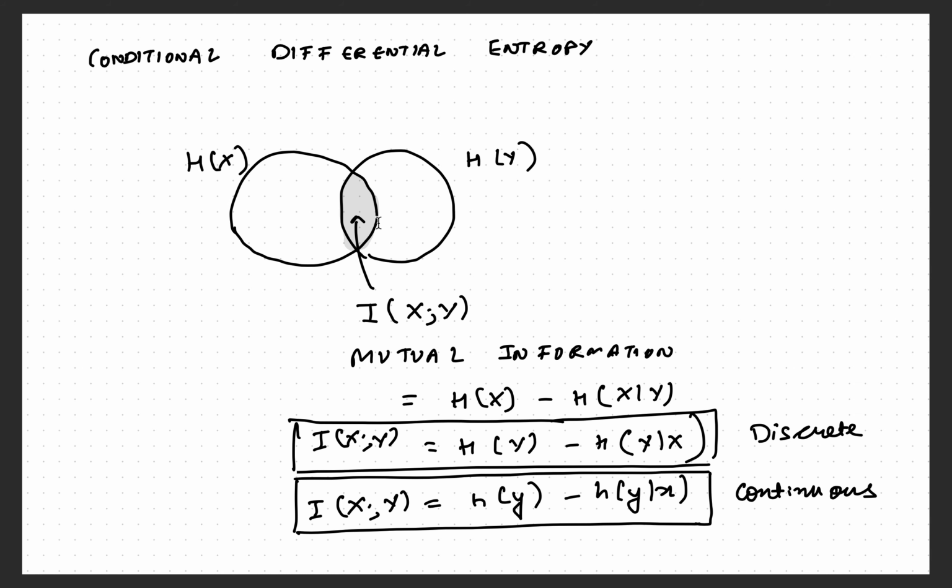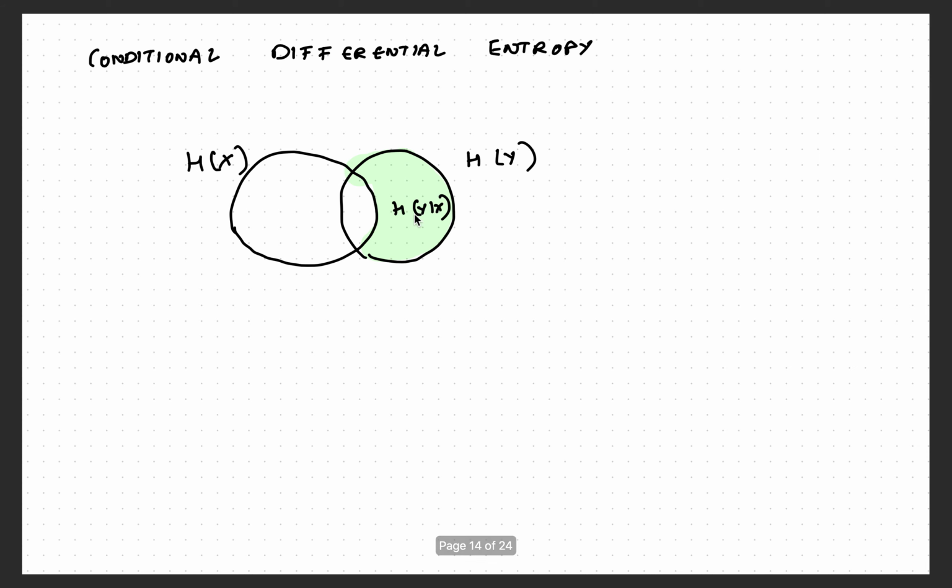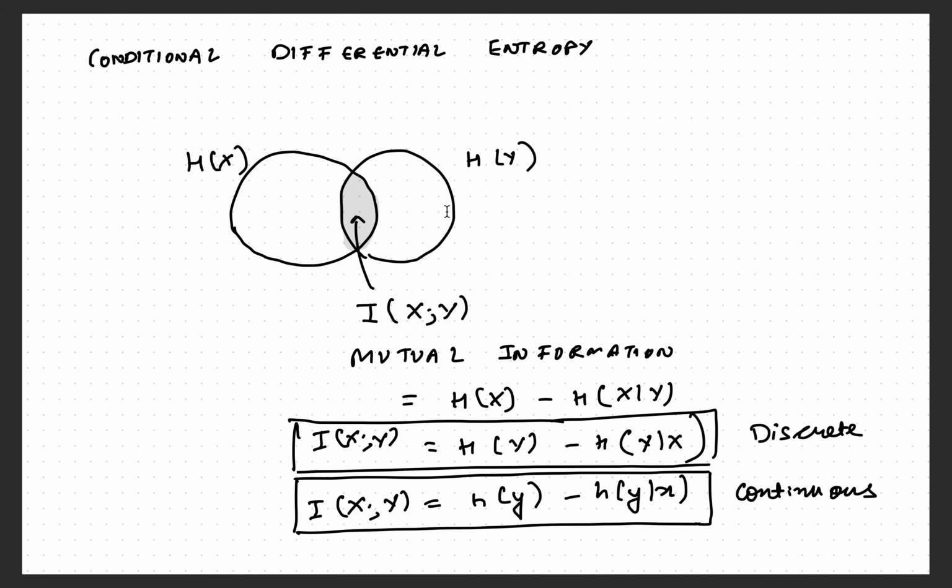You can obtain this gray region by subtracting this green region from the h of y circle region. So thus we can define I of x comma y to be h of y minus h of y given x, or h of x minus h of x given y.